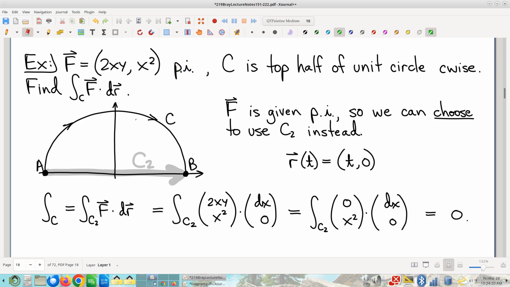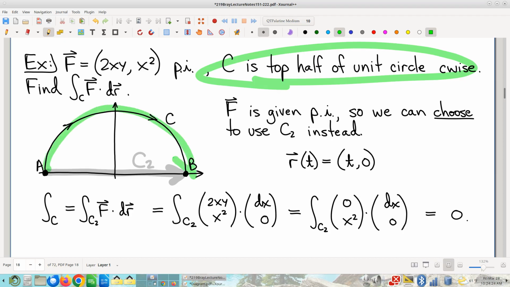So here we go. We have this curve right here. And our vector field is known to be path independent. By the way, how do you know when a vector field is path independent? That's another matter that we're going to talk about very soon. But for the moment, let's just suppose we know, by whatever magic, right?